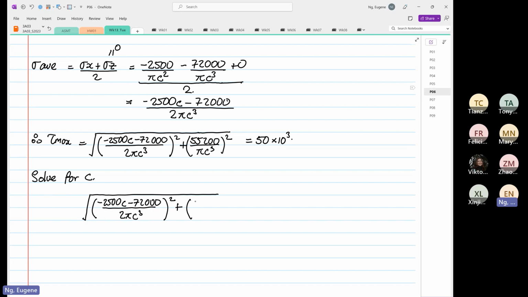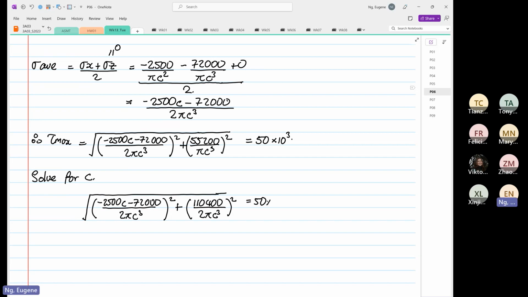So 110,400 divided by 2 pi C cubed, and this thing is squared.